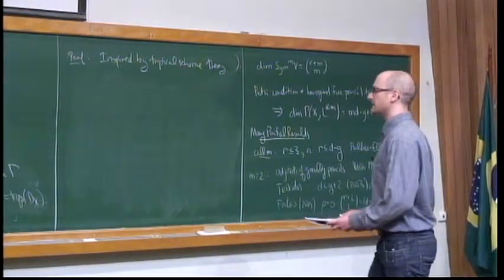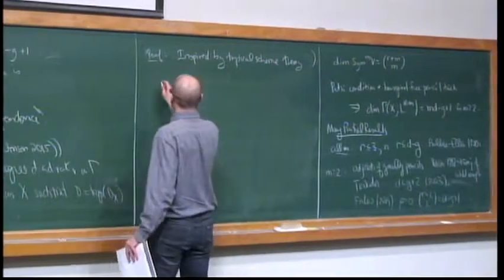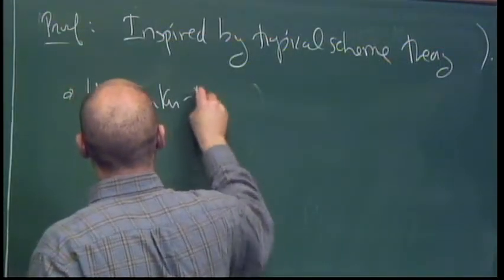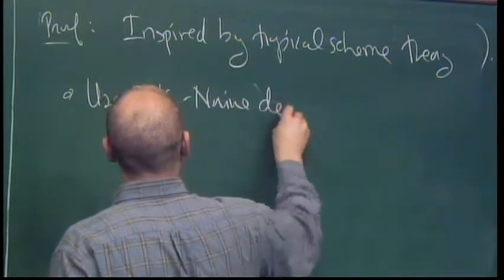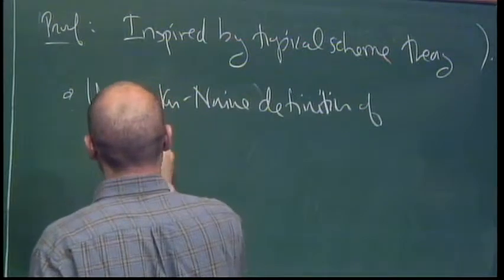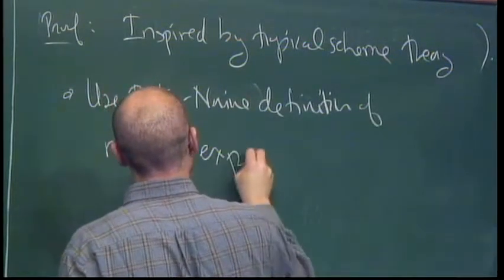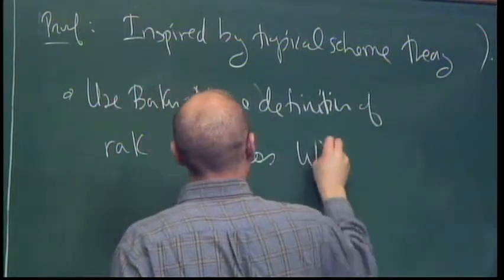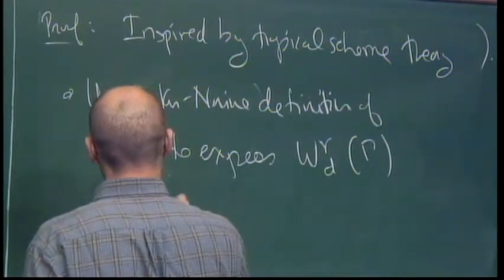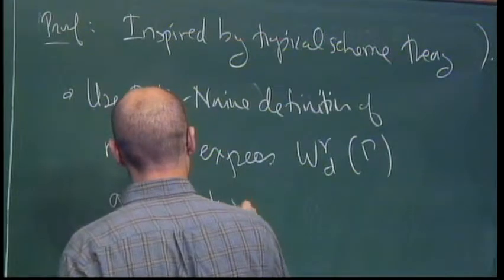So let's see, lifting. We use the Baker-Norine definition of rank to express WRD of gamma as an intersection of translates of theta.